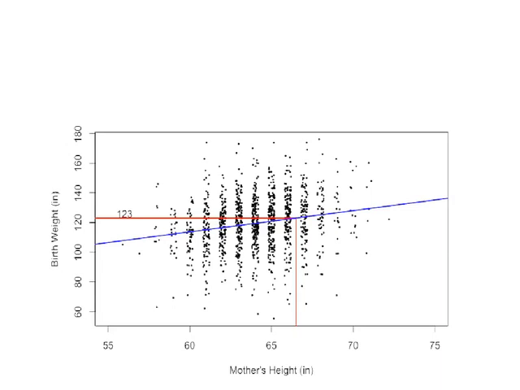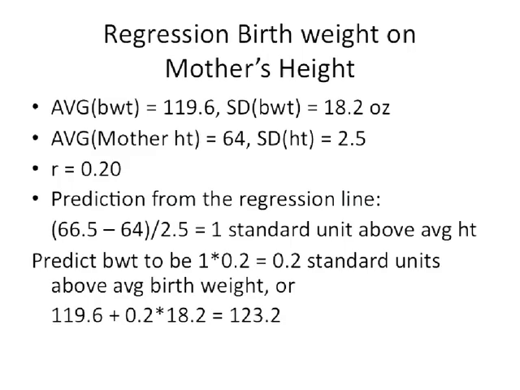In this case, the correlation's 0.2, so it would be 0.2 standard units above average. The standard deviation for birth weight's 18, and so we add 0.2 times 18 and get 123 as our estimate.